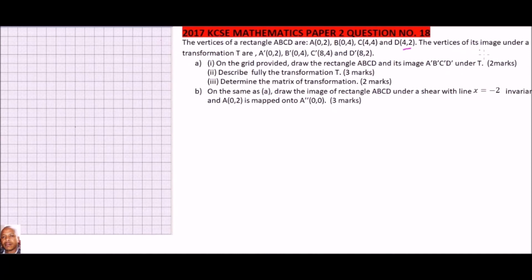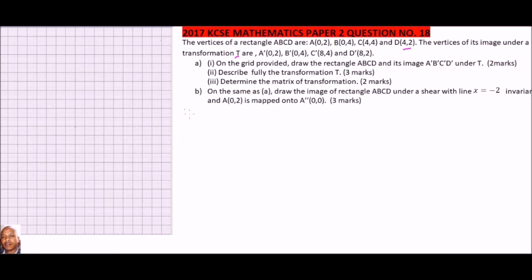The vertices of its image under a transformation T are A'(0,2), B'(0,4), C'(8,4), and D'(8,2). On the grid provided, draw the rectangle ABCD and A'B'C'D' under T.